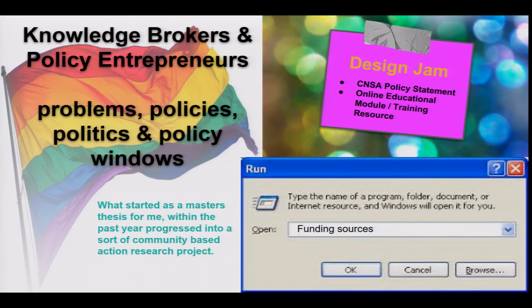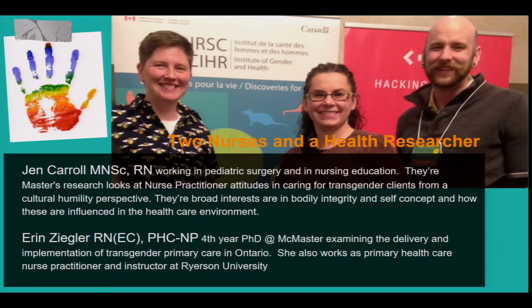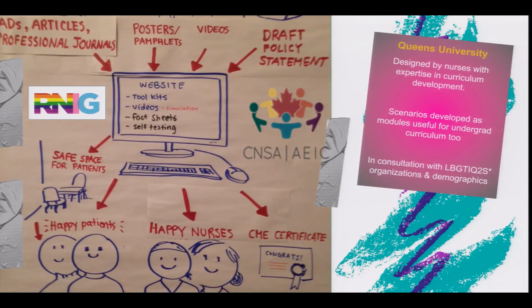Then I applied for the CIHR Design Jam, which is a CIHR-funded policy thing. Got some money, started doing some work on it, and then I was linked up with two other people, Jen Carroll and Aaron Ziegler. The three of us now have a $75,000 grant to develop a website for mid-career nurses to improve their knowledge, skills, attitudes, education, essentially, for LBGTIQ health and wellness issues.